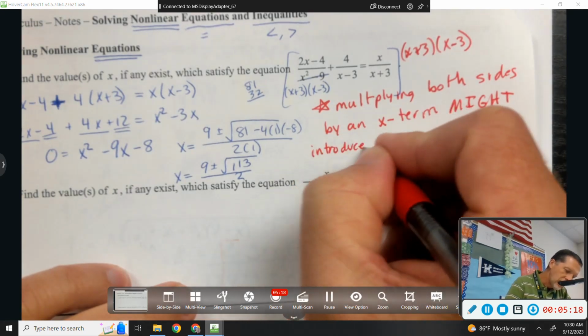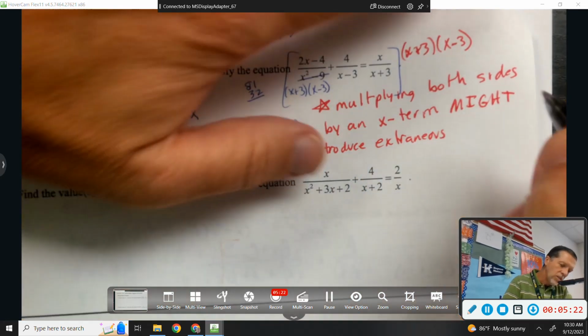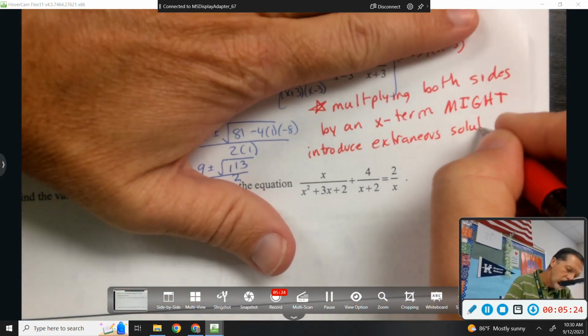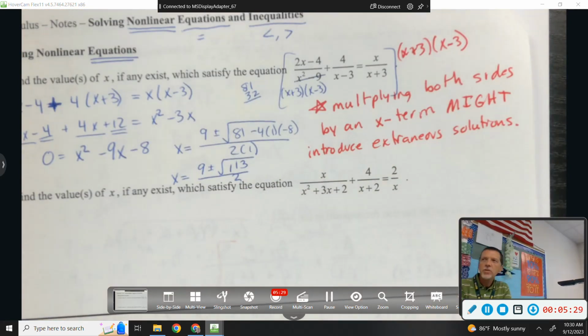introduce extraneous solutions. Multiply both sides by something with an x in it, then you might get extraneous solutions. What does extraneous solutions mean?